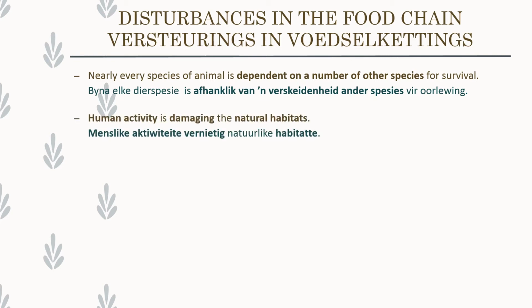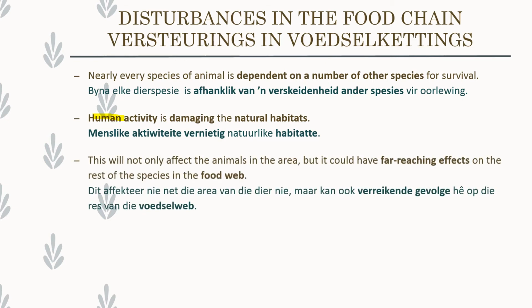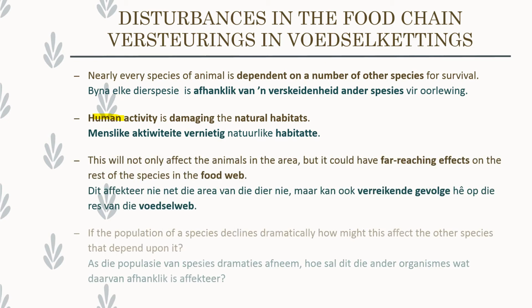That disturbance can be caused by humans, when we damage their habitats, and the population of species will decline dramatically, depending on how much of an effect we have on this ecosystem.